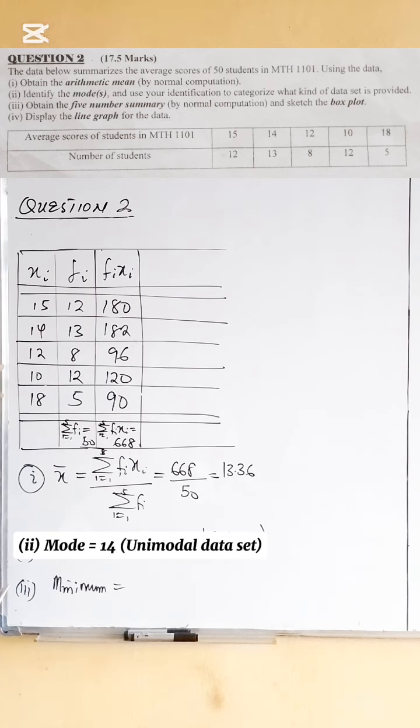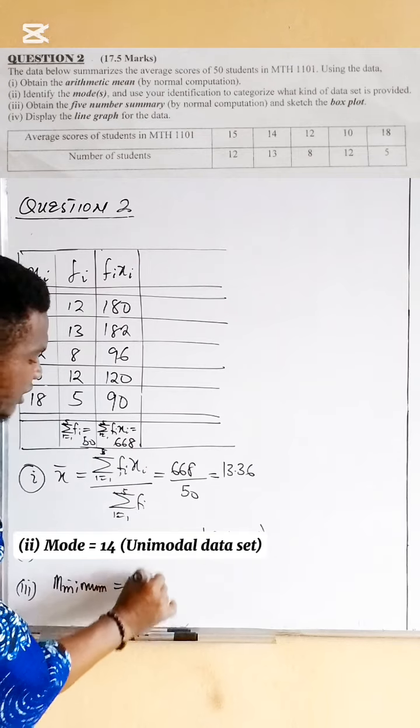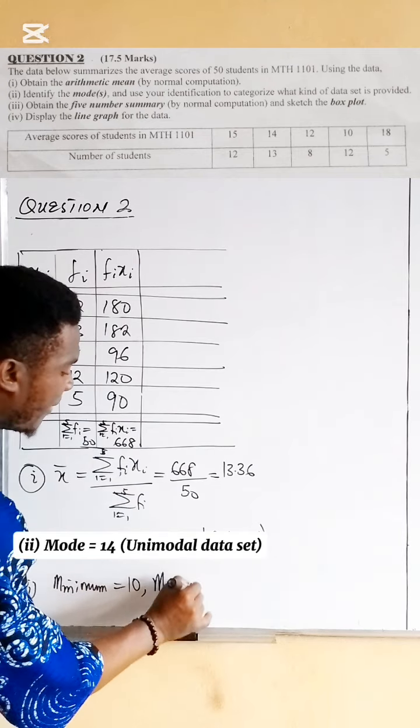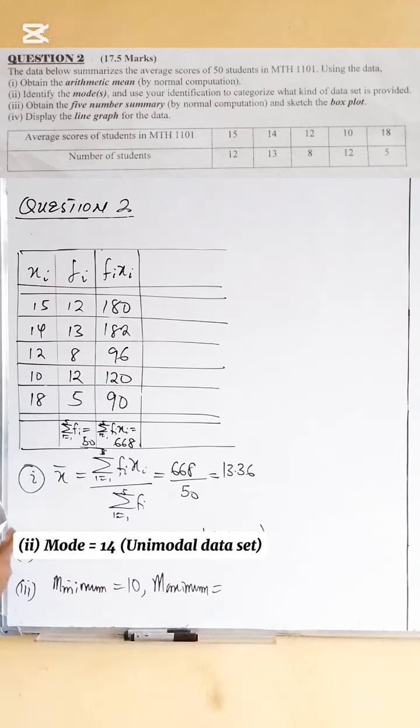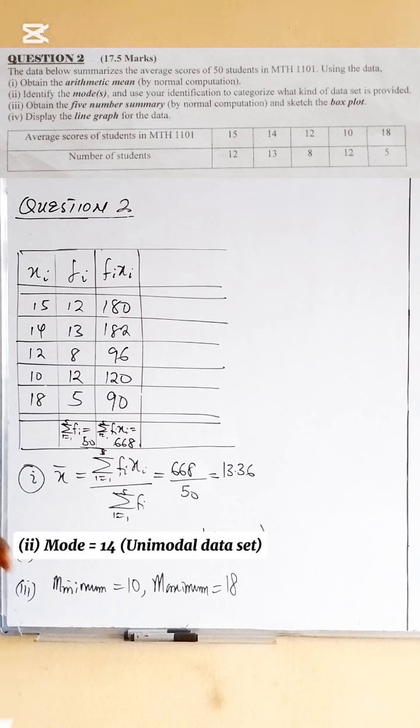Obviously, the minimum is the smallest data entry amongst all these. So what is the smallest data entry? It is 10, so I'm going to write 10 here. Now, what is our maximum? Our maximum is the largest data entry from amongst this list, which is 18. Remember, the 5-number summary comprises the minimum, the maximum, and also the first quartile, the median, and the third quartile.